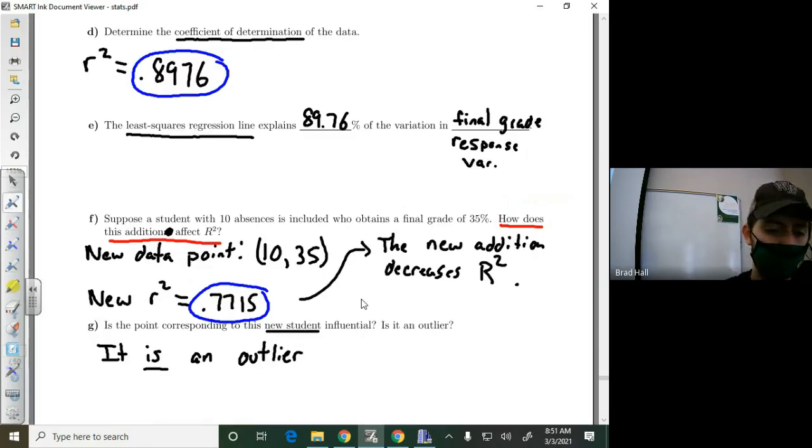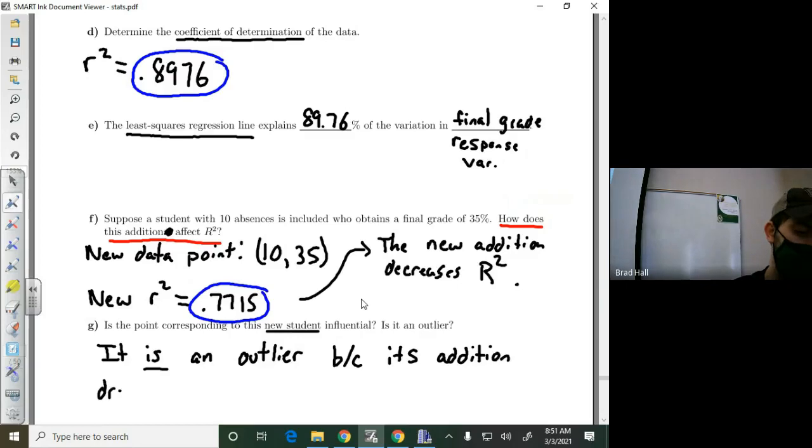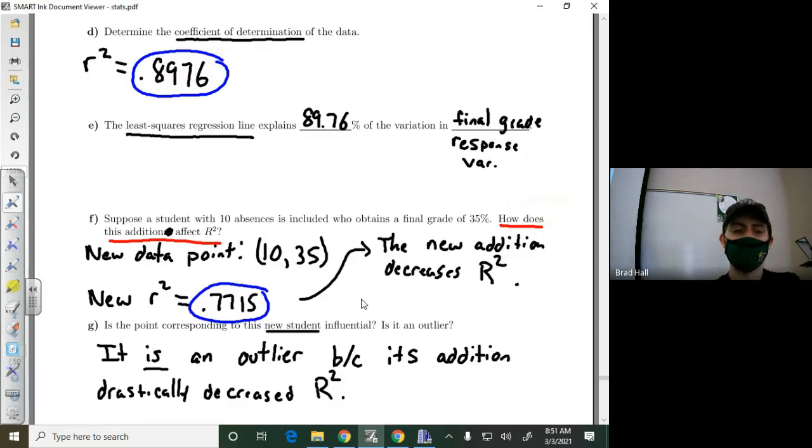So it is an outlier because its addition drastically decreased r squared, because r squared is a measure of how good the regression line is.